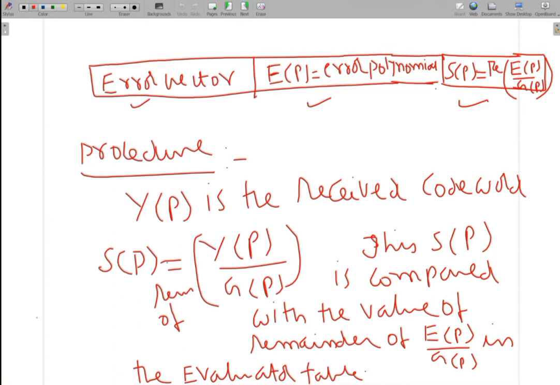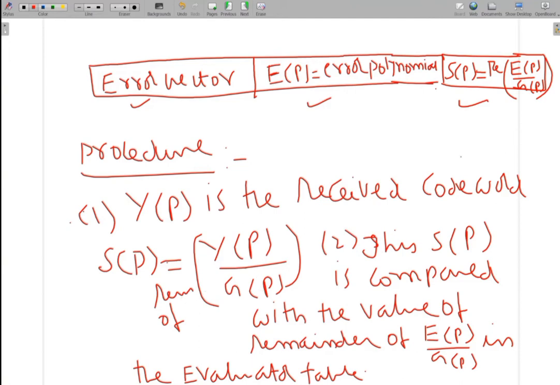Suppose Y(p) is the received code word. This is step 1. This one is step 2. If X(p) is equal to Y(p), there is no error, that is S(p) is equal to 0. But if Y(p) is not equal to X(p), therefore find S(p). S(p) is the remainder of Y(p) by G(p).